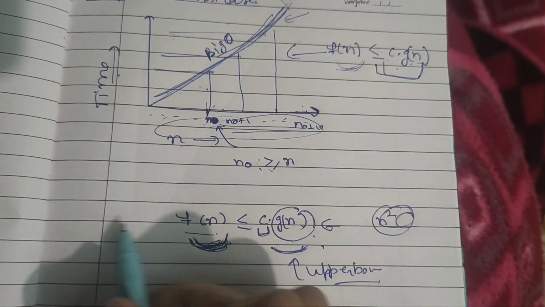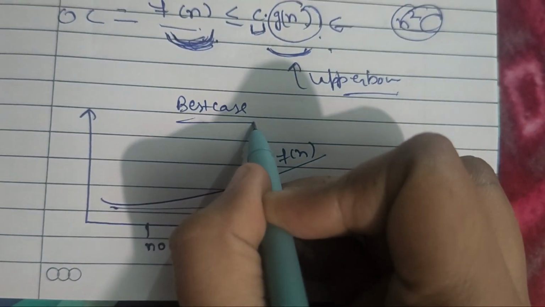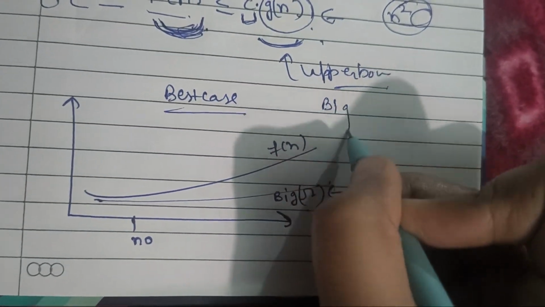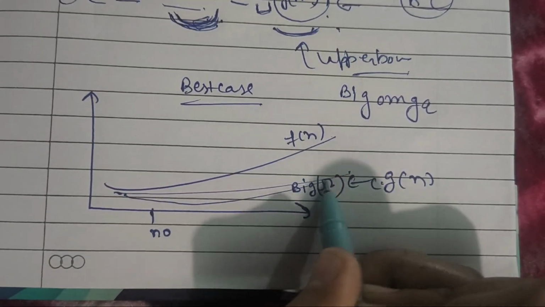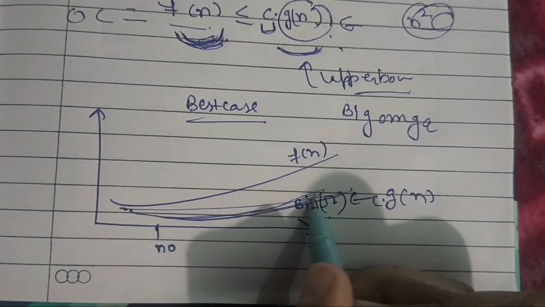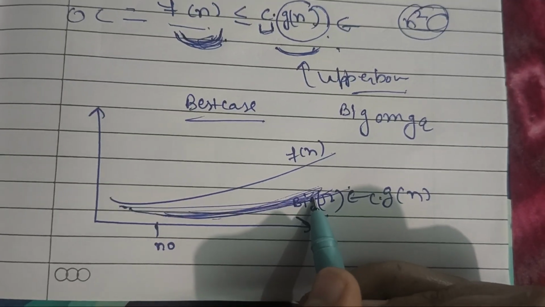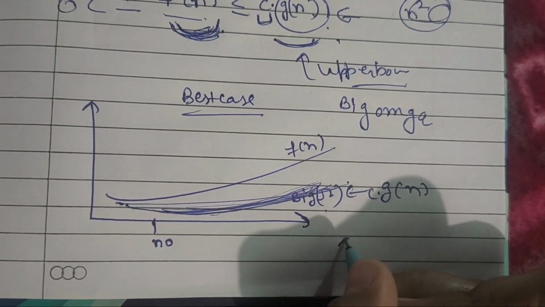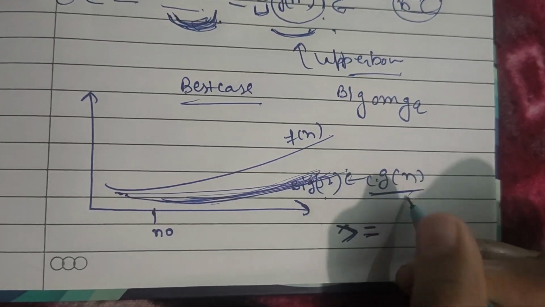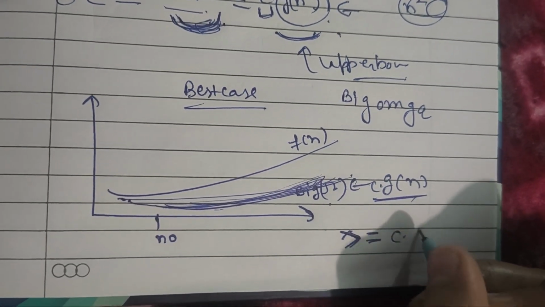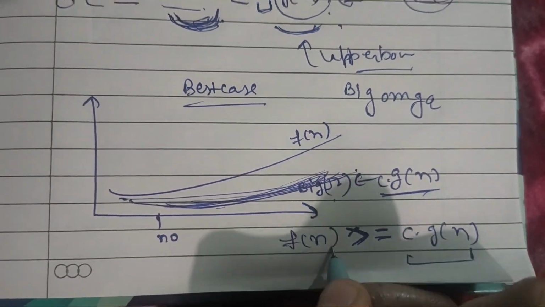And also this will be greater than or equal to 0. So in the best case, for big omega, our algorithm's time complexity will never go below this limit. This is the best time or best speed possible. Below this it can't go. It will always be greater than or equivalent to this c·g(n) value.